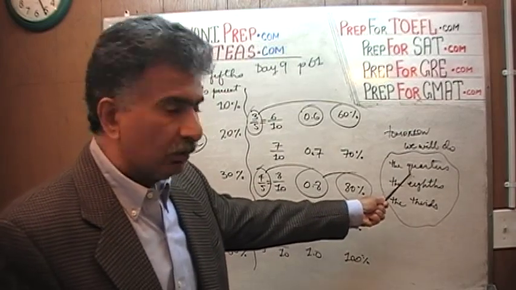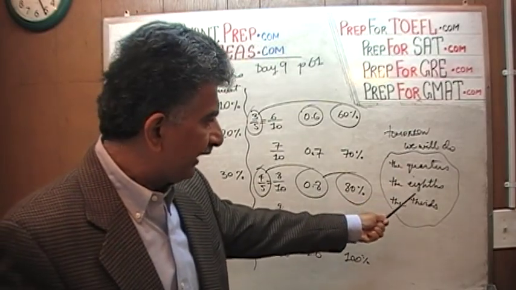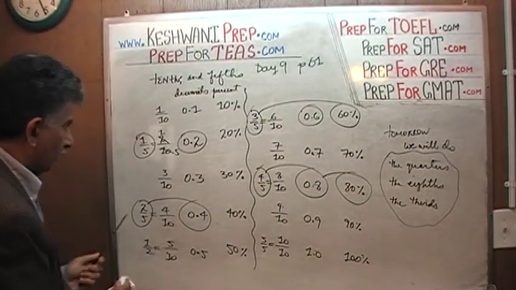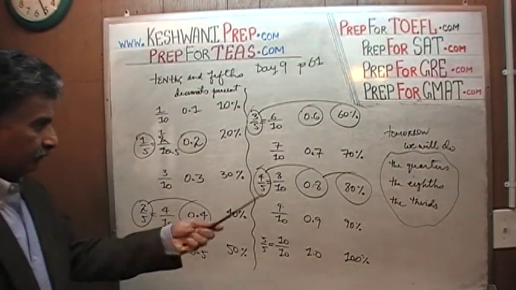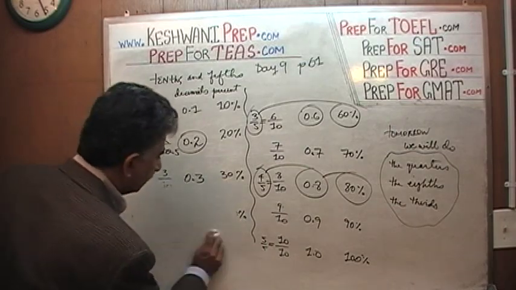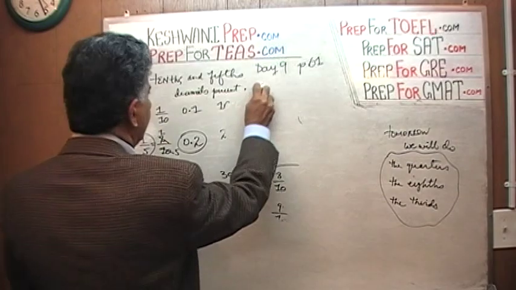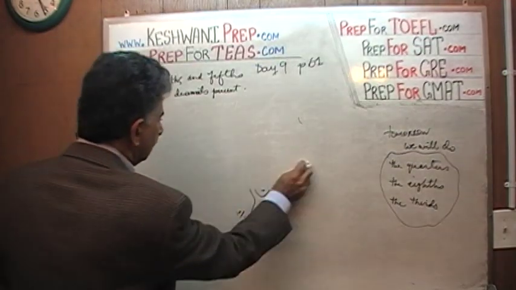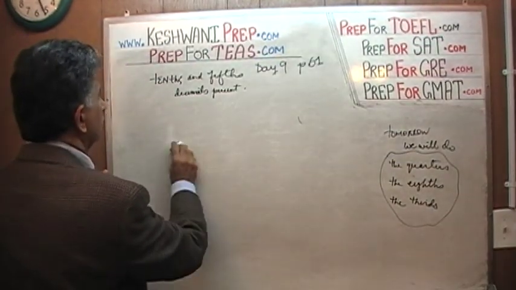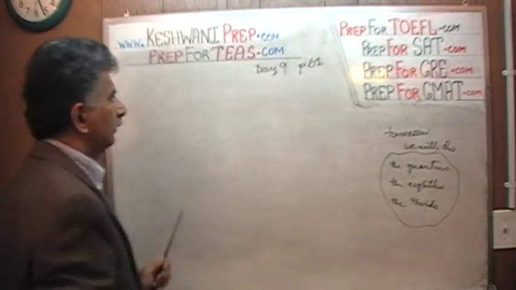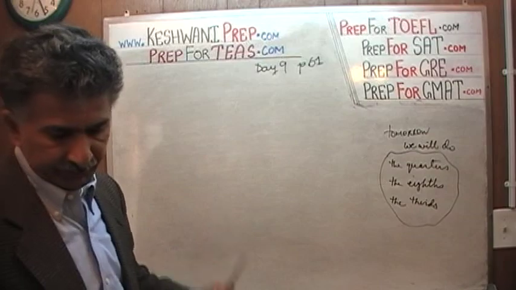Today we have to do the quarters, the eighths, and the thirds. So let's do them. We're going to start with the quarters first, and we're going to make a chart very similar to this one for the quarters. Today is our lesson number 9, as you already know.